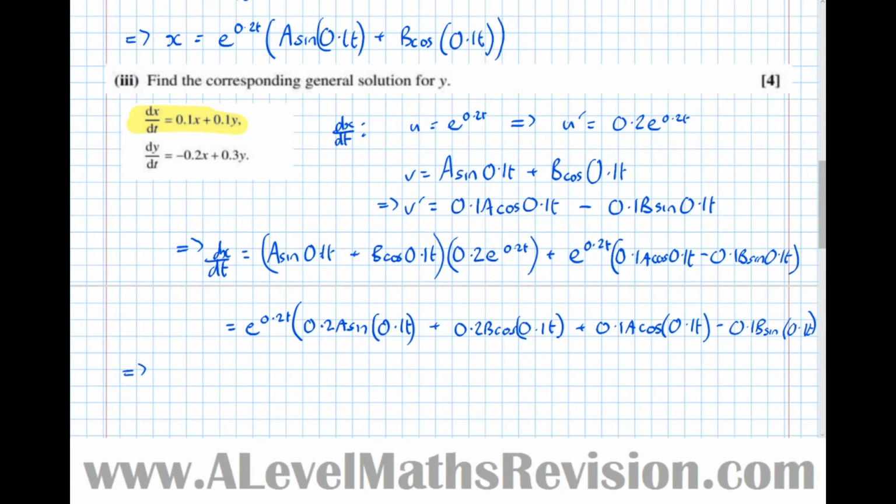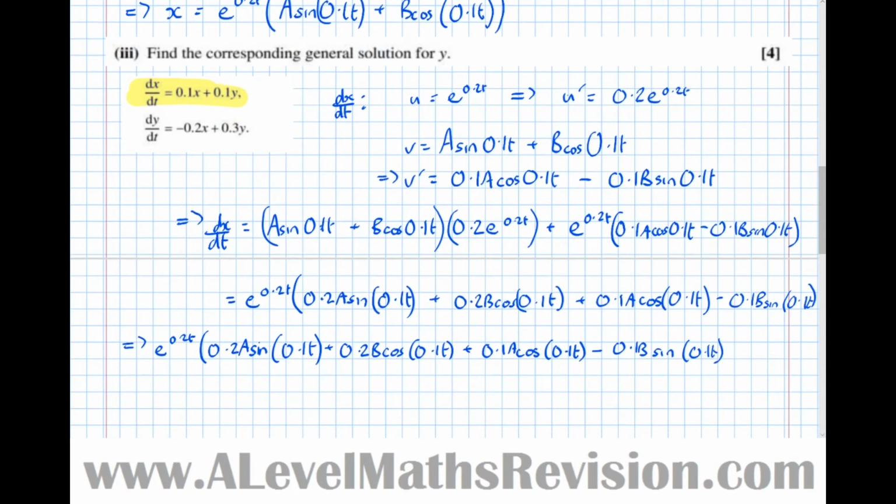So that means that dx by dt, which is that, e to the 0.2t, 0.2a sine of 0.1t, plus 0.2b cos of 0.1t, plus 0.1a cos of 0.1t, minus 0.1b sine of 0.1t.